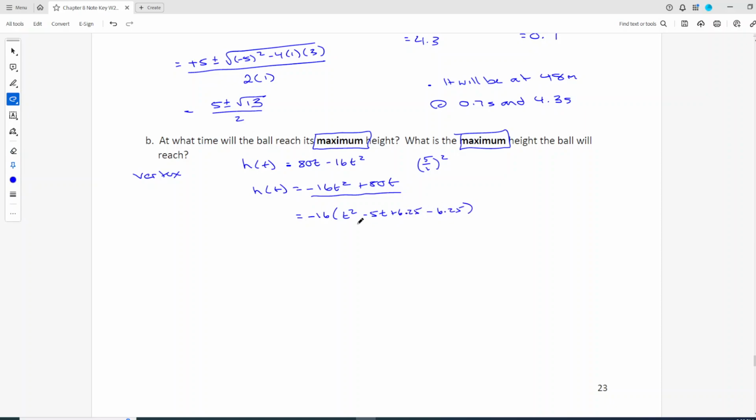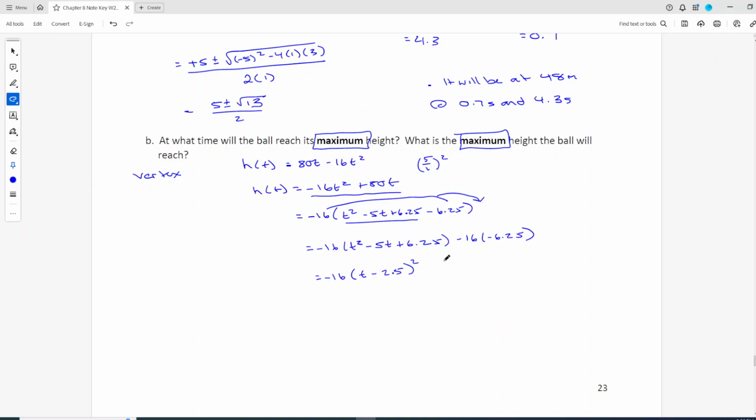Then we only want the positive for my perfect square trinomial, so I'm going to take the negative out by paying the toll. I end up with negative 16 times t squared minus 5t plus 6.25, and then I've got negative 16 times negative 6.25 out here. And then I factor. It wasn't that bad, right? So this would be t minus 2.5, half the middle term or the square root of this term, squared.